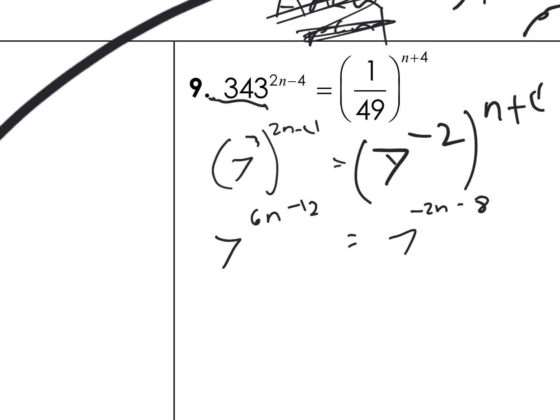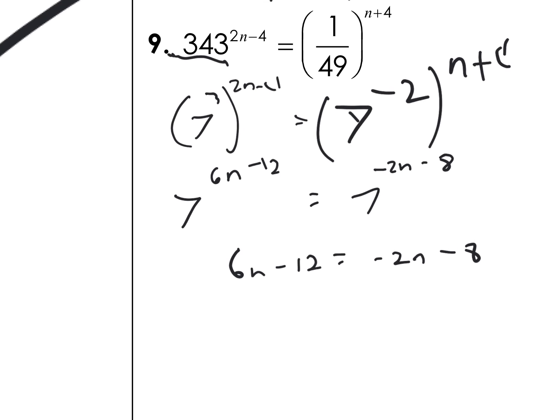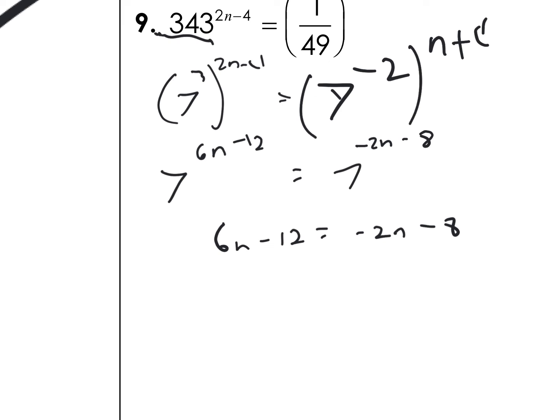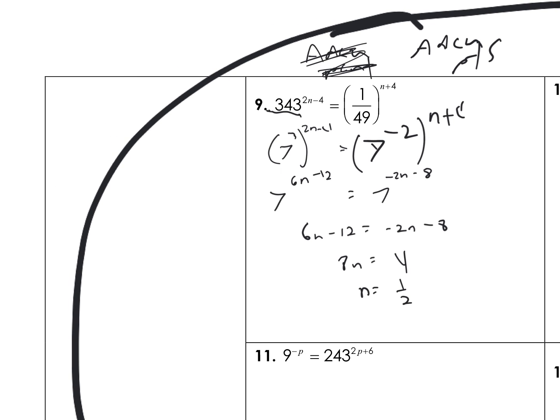Now that you've got the same bases set equal to each other, we can take the exponents and set them equal to each other. 8n equals 4. So n is one half. Yep, it's possible. n could be just a half. That's a little different than the other answers, right?